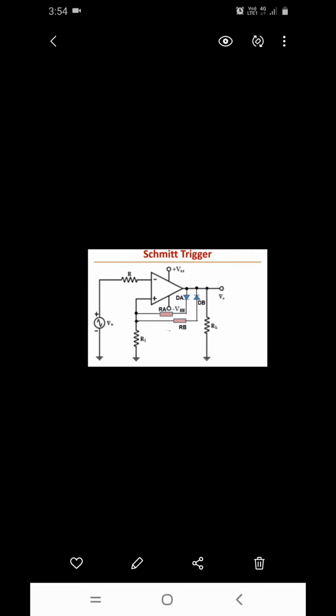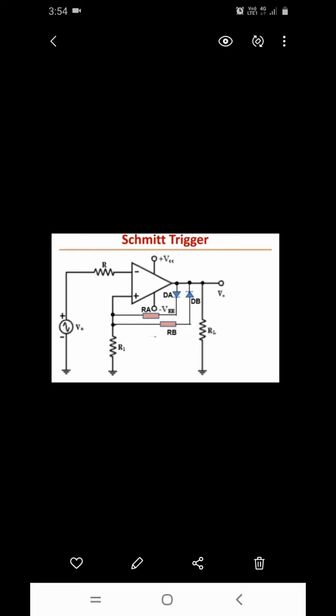So here let us consider if we need different UTP and LTPs. For example, UTP is 2 volt and LTP is minus 3 volt. Then how to design this? This is the circuit diagram you can see. Simply we use two diodes in the feedback path, that is DA and DB.